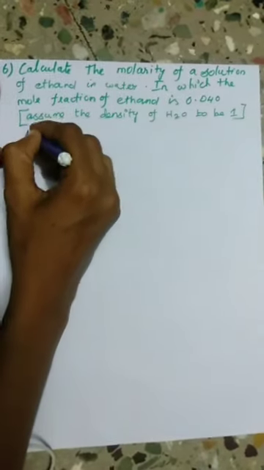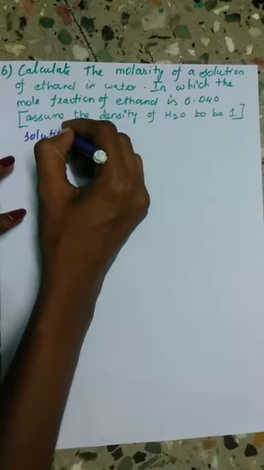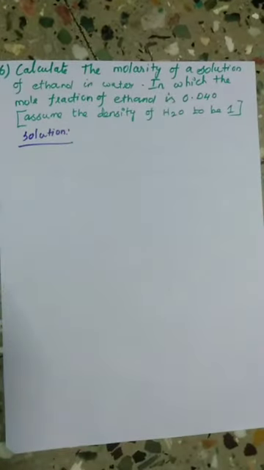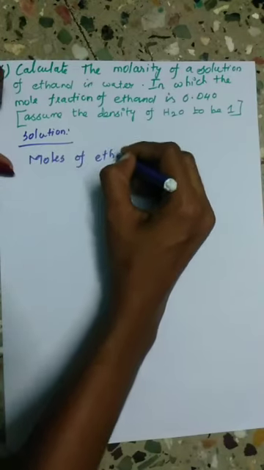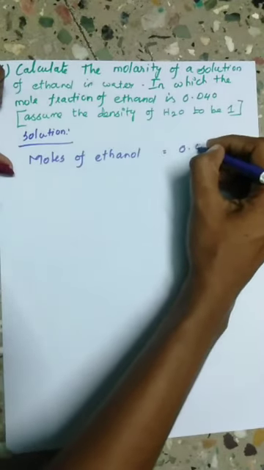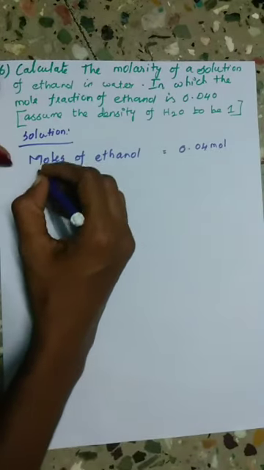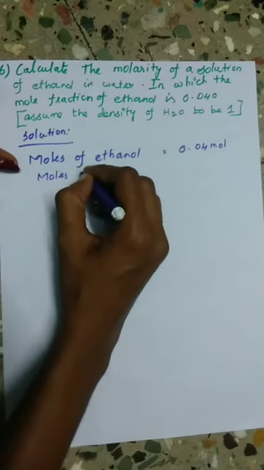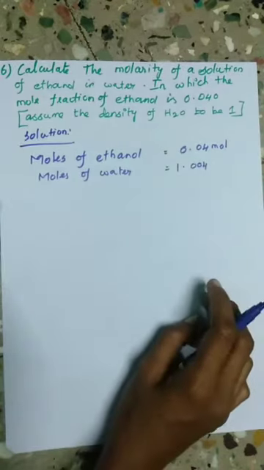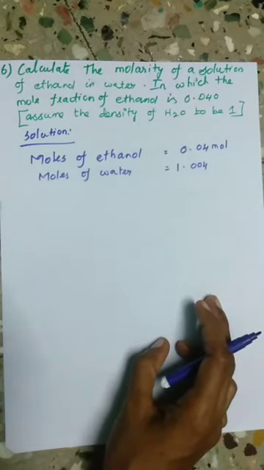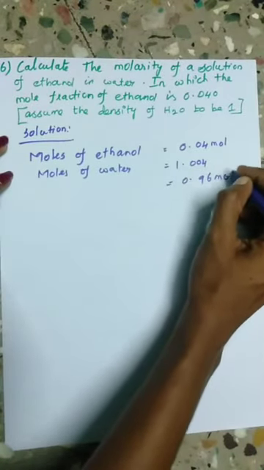The moles of ethanol are 0.04 mole. The moles of water are 1 minus 0.04, which means 0.96 mole.